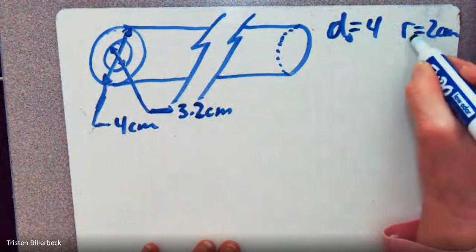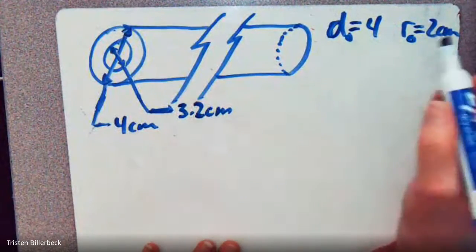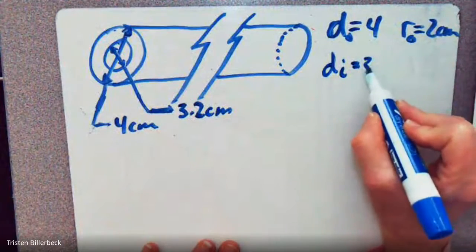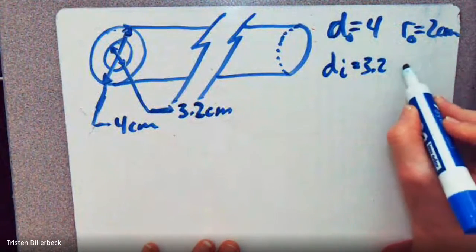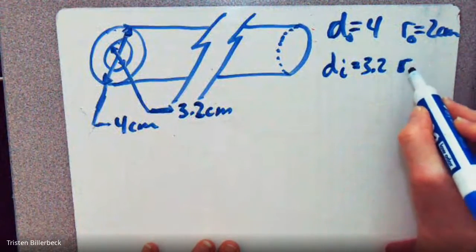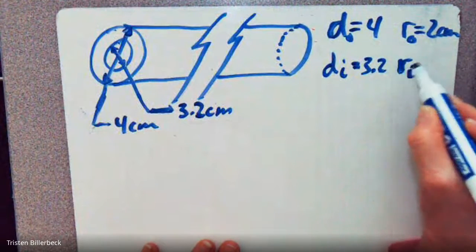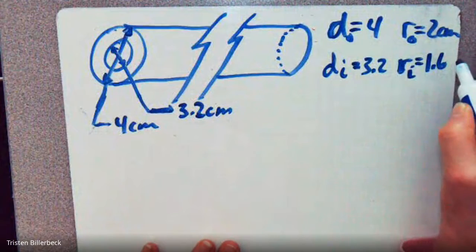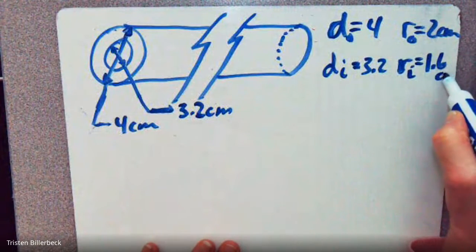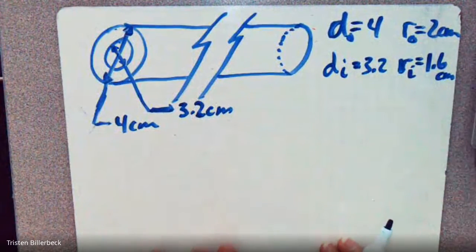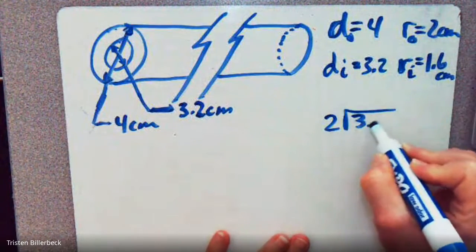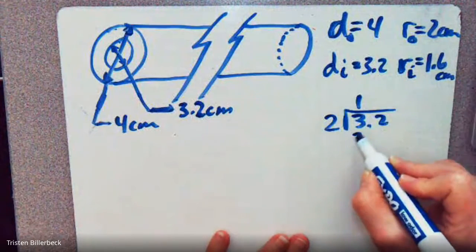So diameter outer would be that. The diameter inner is 3.2, which means the radius inner ends up 1.6 centimeters. Okay, so I just divided 3.2 by 2 really quickly in my head, but let me do it properly like this.